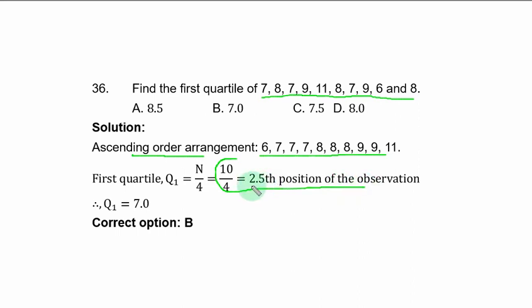So 2 is the data in the second position, but we have 2.5. You have to shift to the data in the third position, and that is 7. So the first quartile, denoted by Q1, is 7.0. B is the correct option.